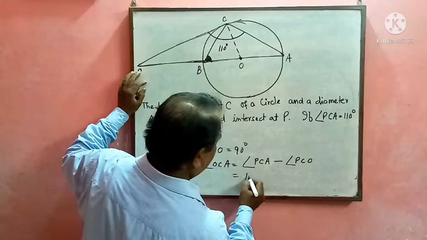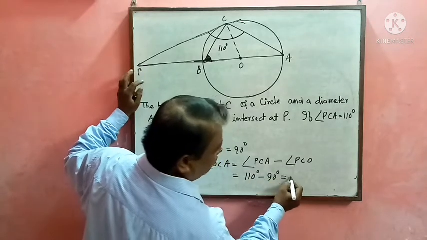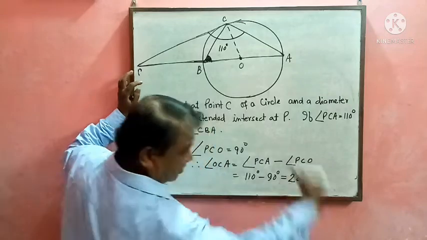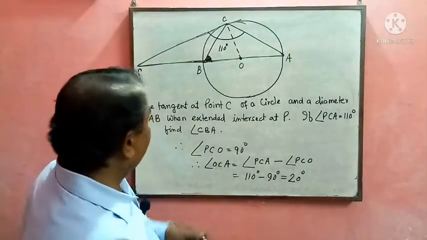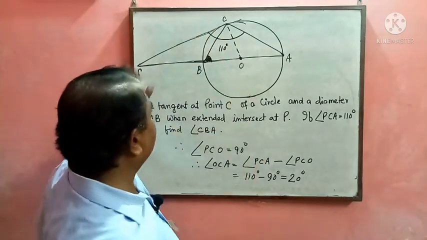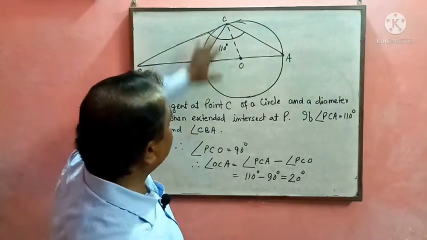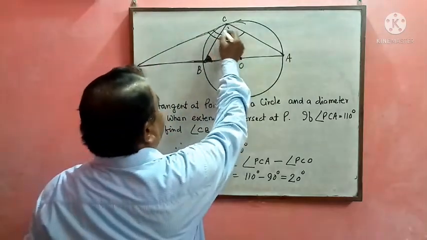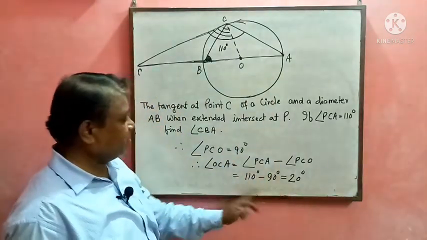So this is 110 degree minus 90 degree is equal to 20 degree. Since PCA is given 110, if we subtract this angle, definitely this is 20 degree, right?